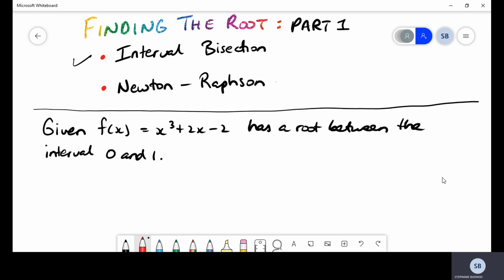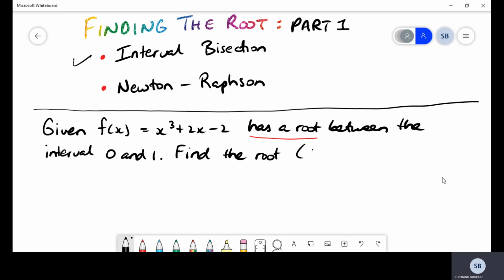Now, because the question already clearly states that the function has a root, we do not need to use the intermediate value theorem to prove that a root exists. What the question is asking us to do is actually to find the root, the actual value of the root.